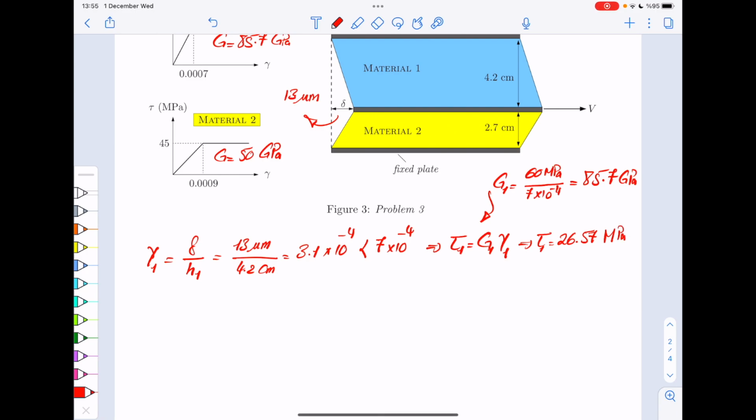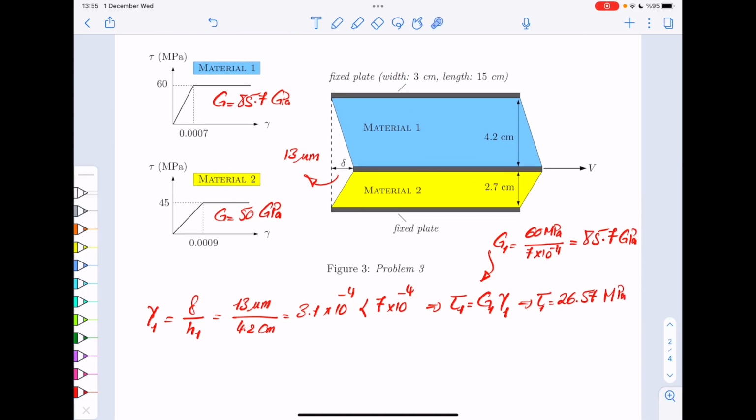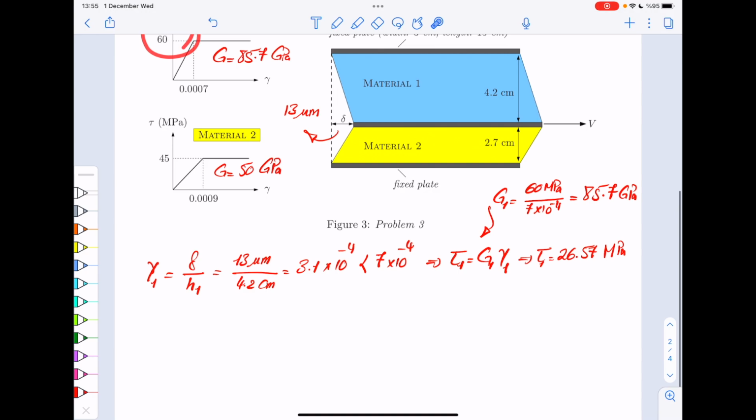And as we expect, it's less than 60, which was the yield stress. So tau 1 is less than the yield stress for member 1.